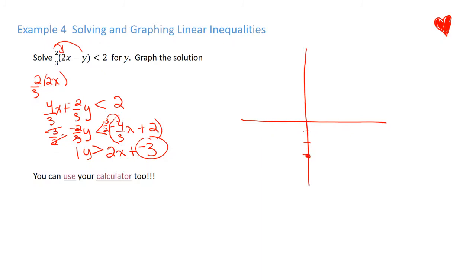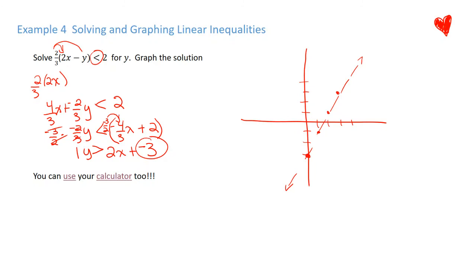And we're going to go up 2, over 1: rise 2, run 1. Let's get a couple more on here. Rise 2, run 1, rise 2, run 1. So here's our boundary line, and it's going to be dashed. It's not solid because it's not equal to.